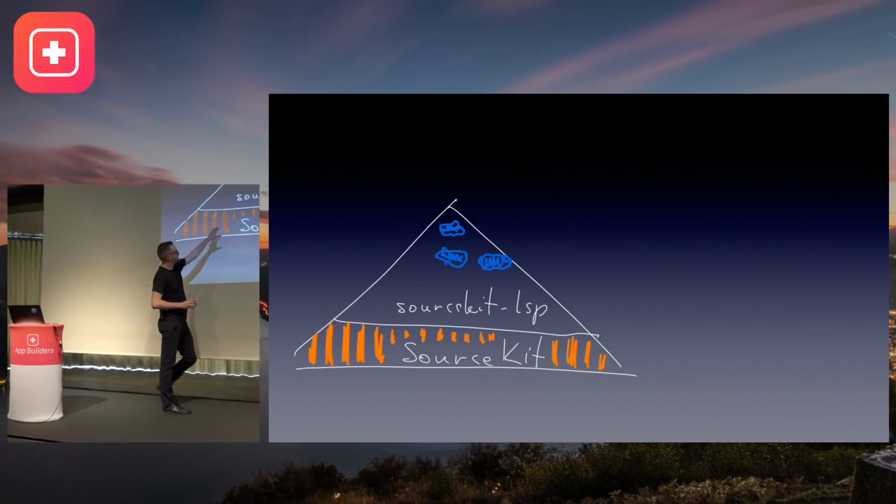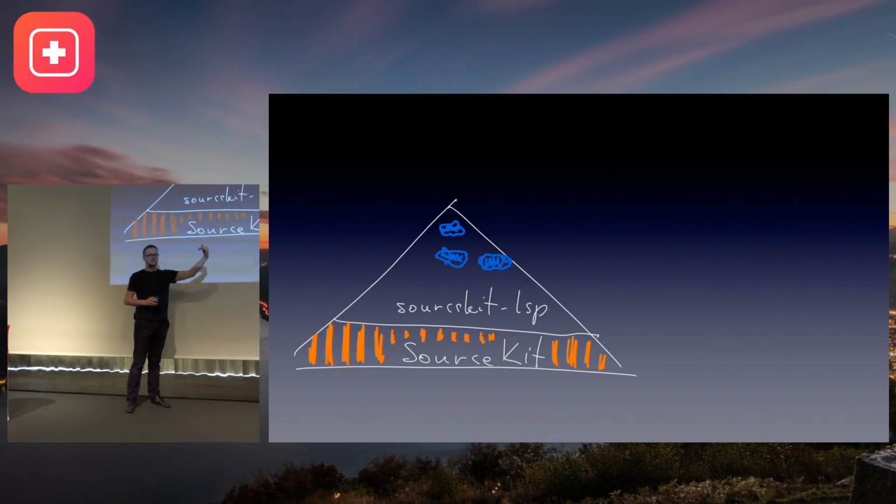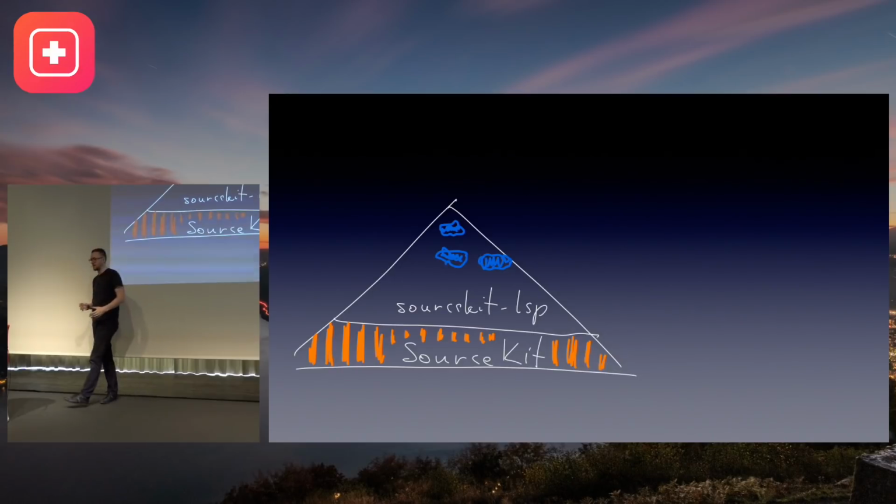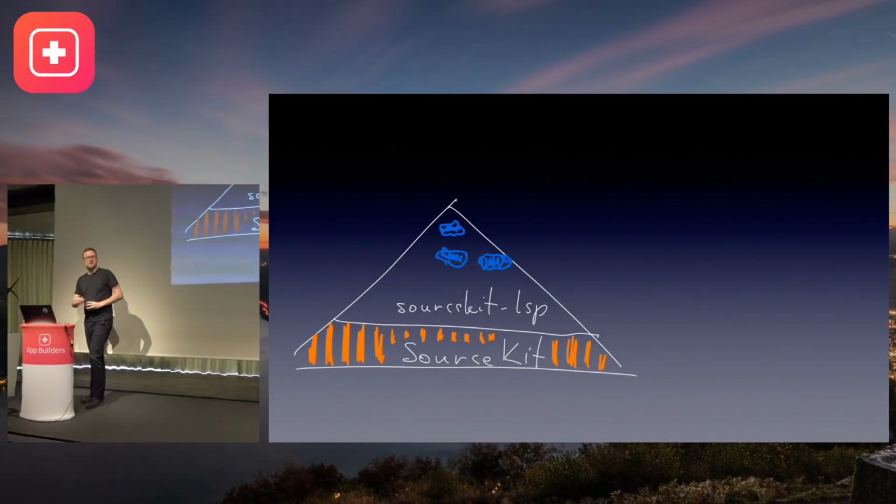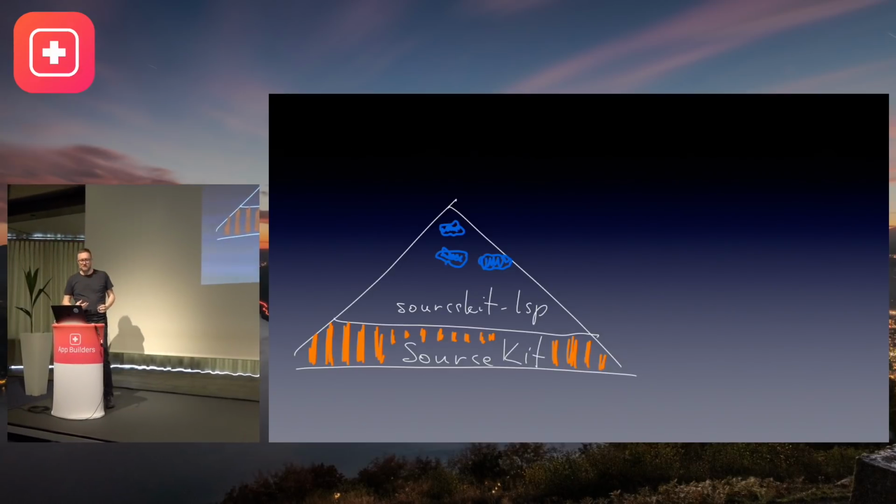Technically, SourceKit-LSP is a process that runs next to your process, and it loads the SourceKit framework like a library. So SourceKit-LSP can crash, and it has to be managed by the client.